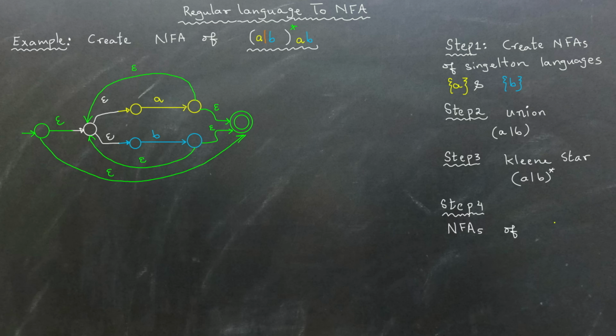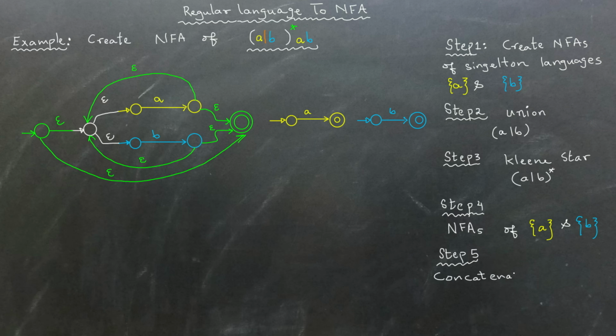Next, we handle the AB portion. We create two separate NFAs for symbols A and B, just like we did earlier. These NFAs will have a start state and a final state, where the start state transitions to the final state upon consuming input A or B respectively.